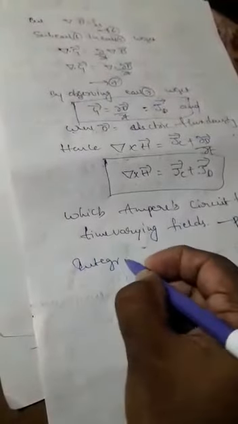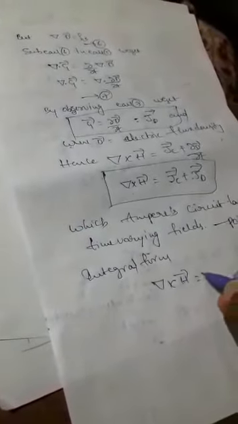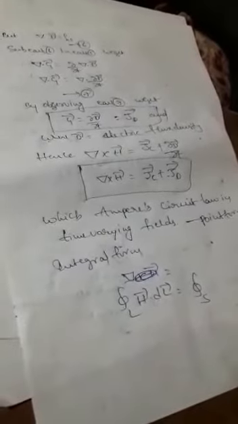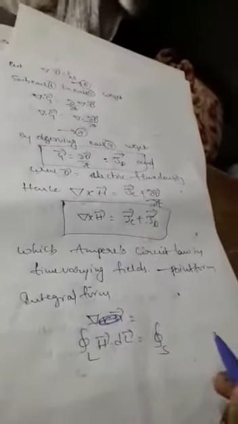But in integral form, closed line integral of H bar dot dl bar is equal to I enclosed, which is closed surface integral of J bar dot ds bar, as already derived in unit 2, conductors and dielectrics.